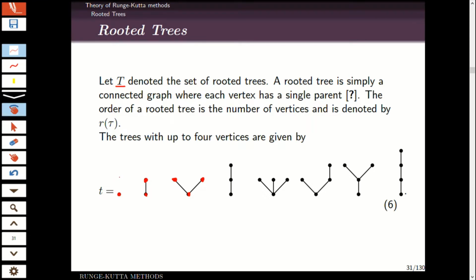So this T here, the big T, is the set of rooted trees. And we have all these t1, t2, t3, and so on, where these are all my trees.